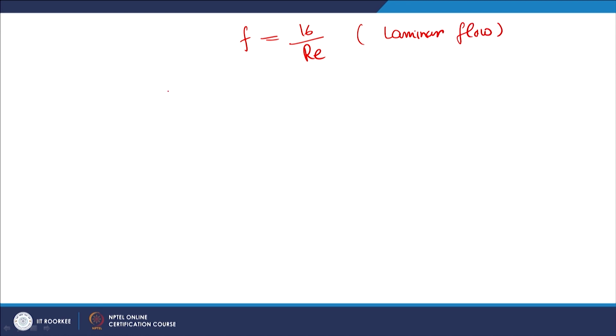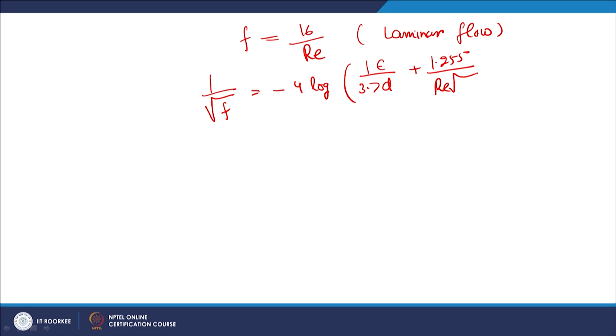And for the turbulent flow, it is given as minus 3.7 D by epsilon plus 1.255 upon Re root F. This is for the turbulent flow.